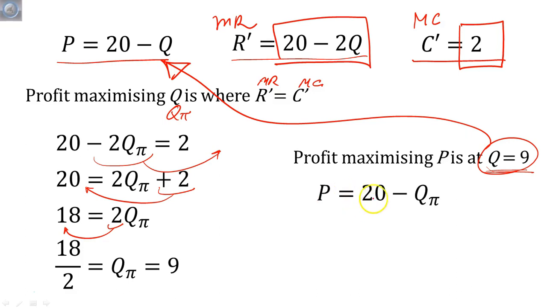So we've got price equals, and we're putting in the profit maximizing output, which we worked out was 9, and then it's straightforward. The profit maximizing price was 11, just as we found when we did it with the graph. And that is that.